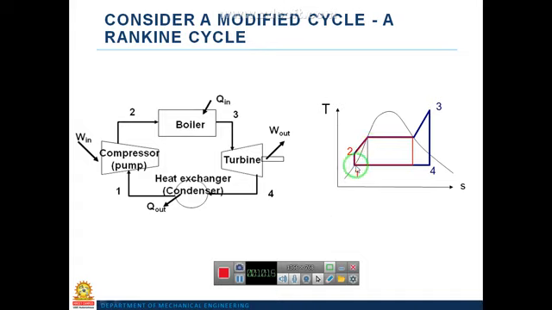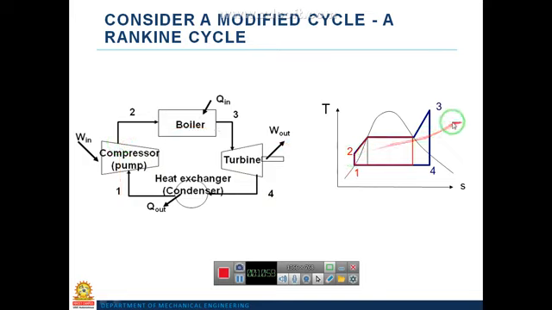You can see in the layout 1 to 2 is the feed pump or compressor. With its help we are pumping the fluid from low pressure, that is condenser pressure, to high pressure, that is the boiler pressure, isentropically. This is process 1 to 2 represented in the TS diagram.